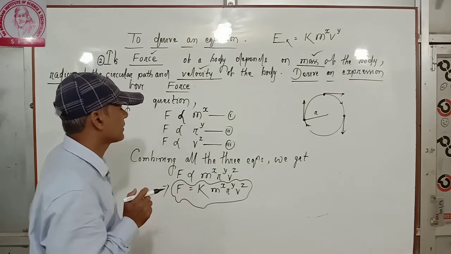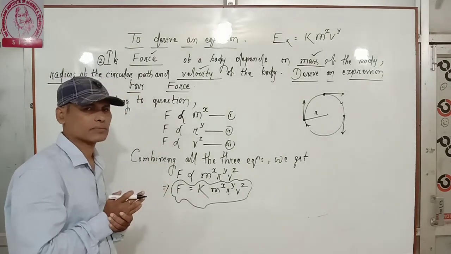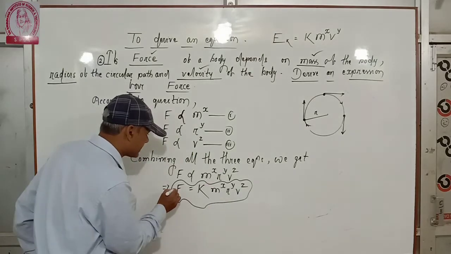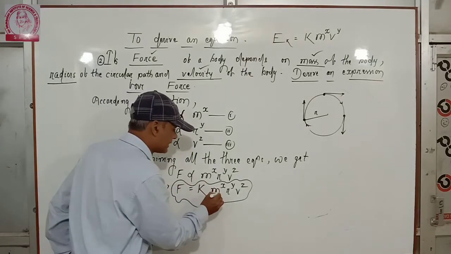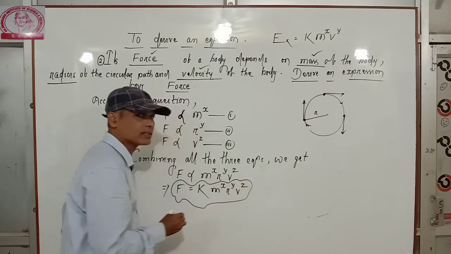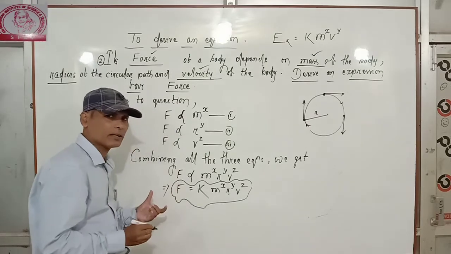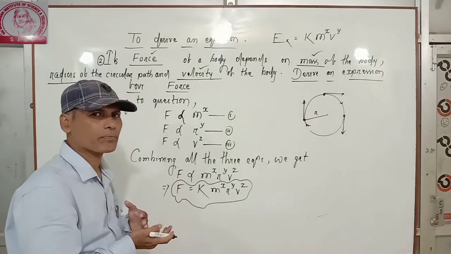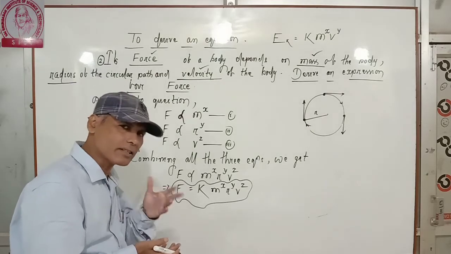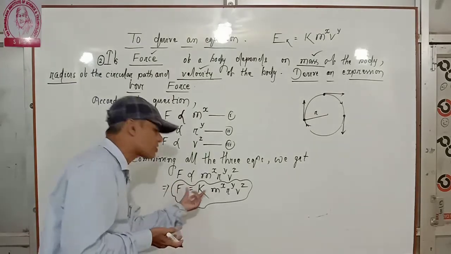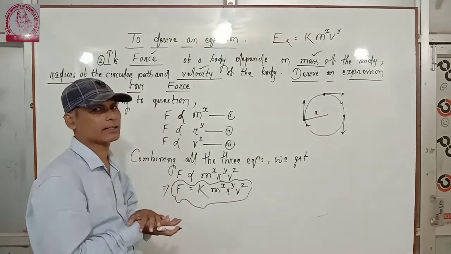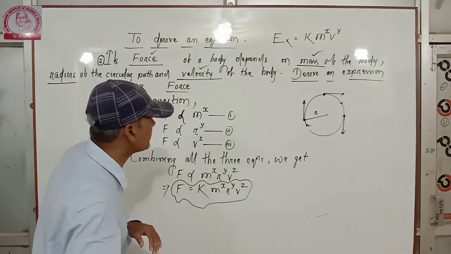Now comparing the dimensional formula on both sides, in LHS it is force, in RHS it is m to the power x, r to the power y, v to the power z. Comparing the dimensional formula or the dimensions on both sides, we will be able to get three equations. Let's start now.